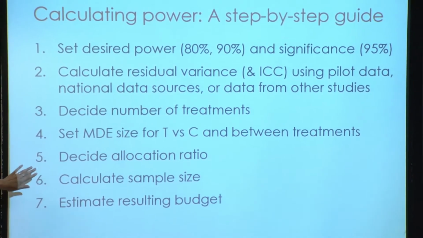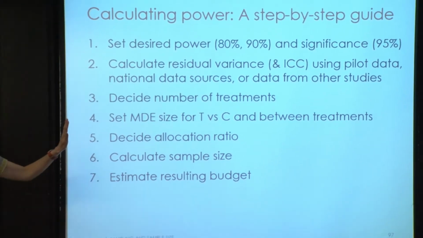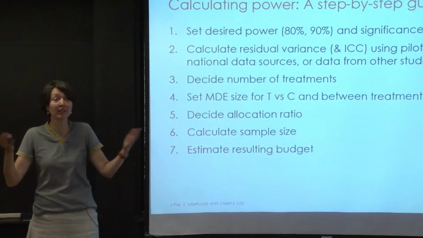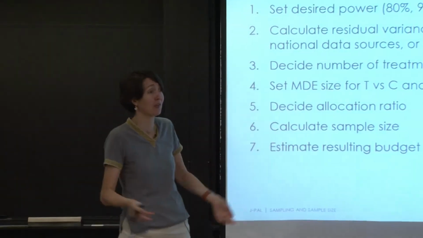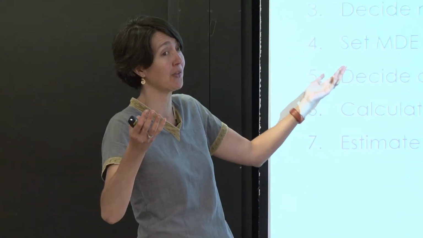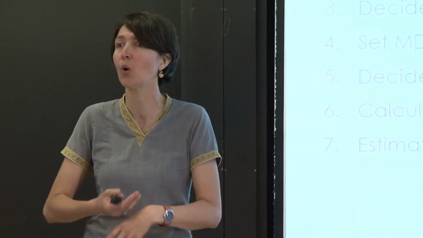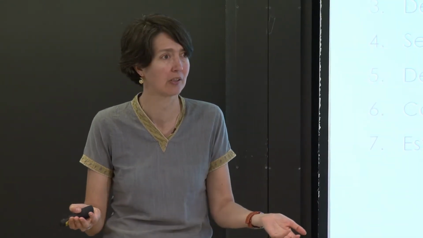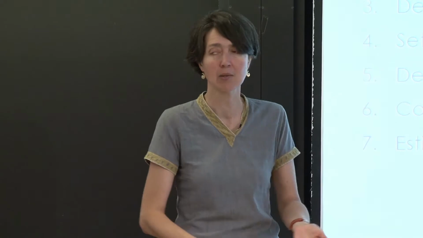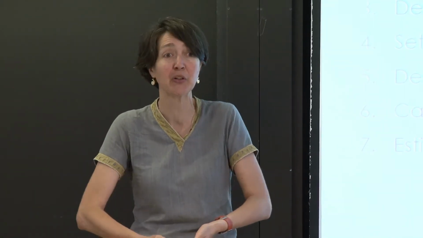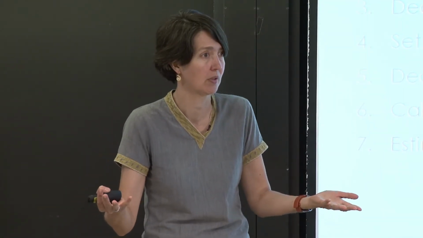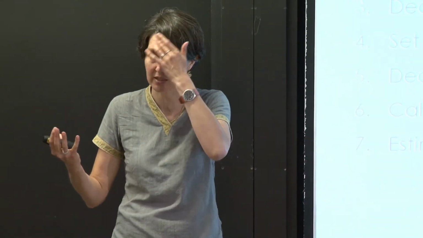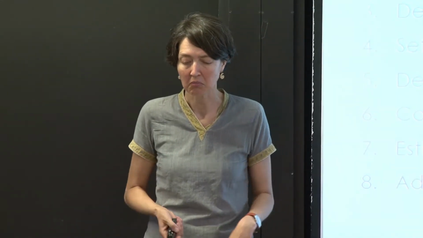I don't think there's ever been a study where I've done that and I'm done. Like, never. The way it's presented in textbooks is, you calculate how much sample size you need, and then you go do it. Well, there's always constraints on the amount of sample size. It may be the budget. It may be the fact that the implementing partner can only do 50 schools, right? So there's constraints on our sample size.